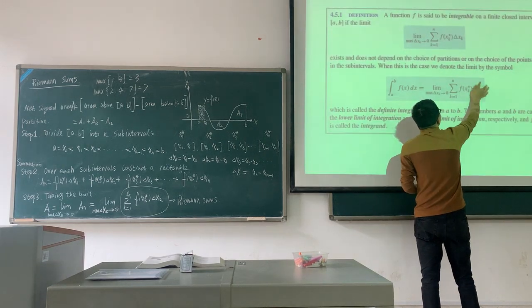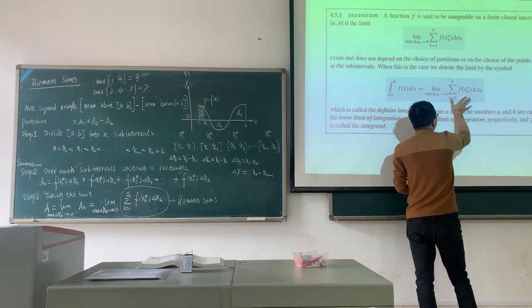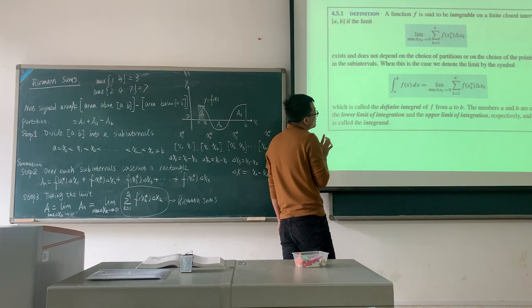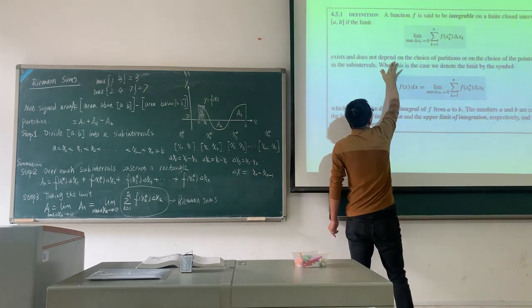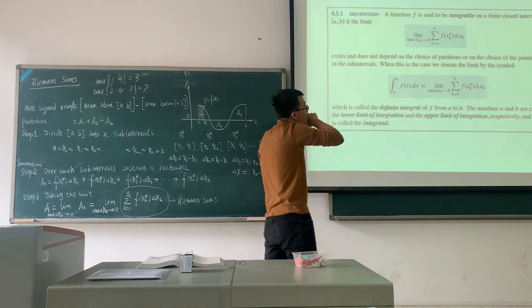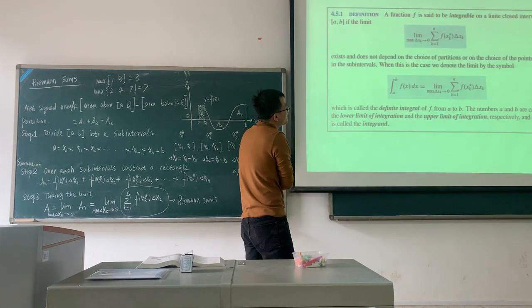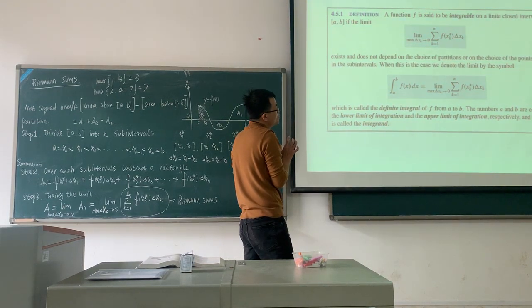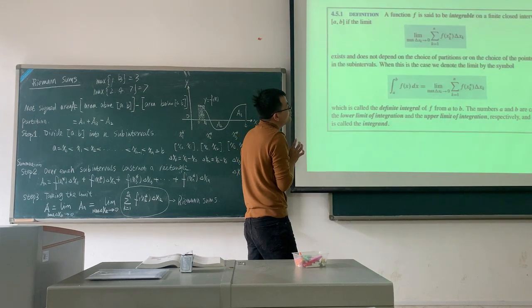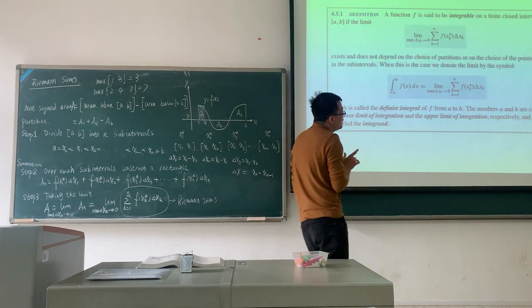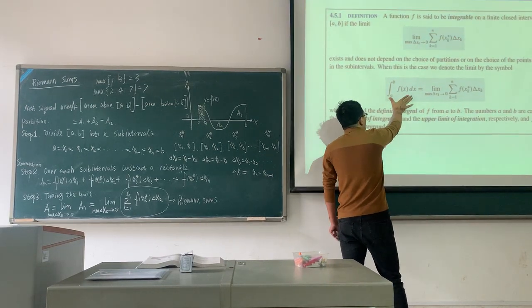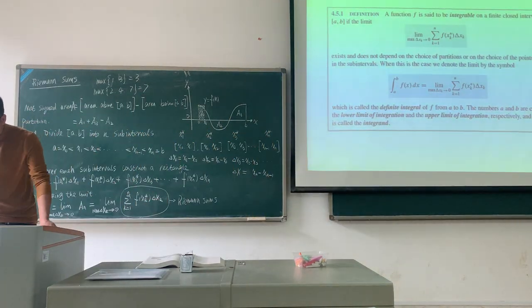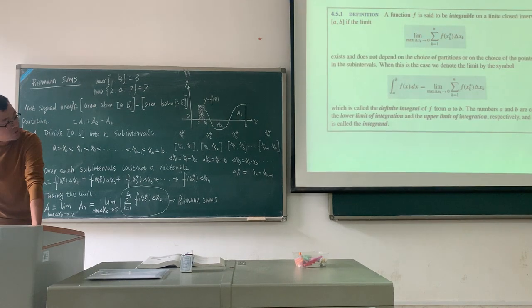We find the limit of the Riemann sums. If this limit exists and does not depend on the choice of the partition or on the choice of the points xk star, then we say that this limit is the definite integral of f(x). So this is the definition.